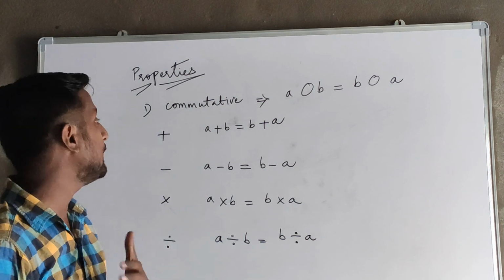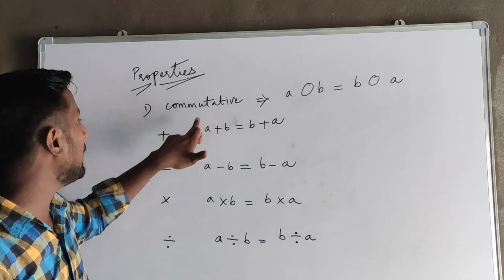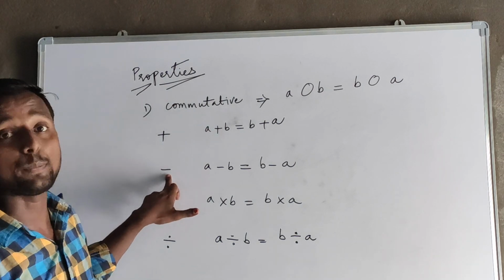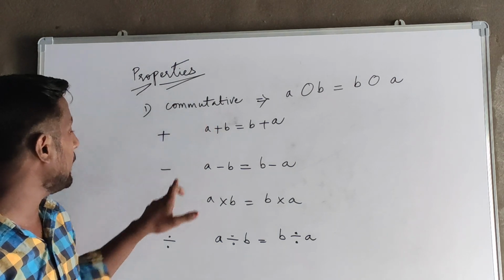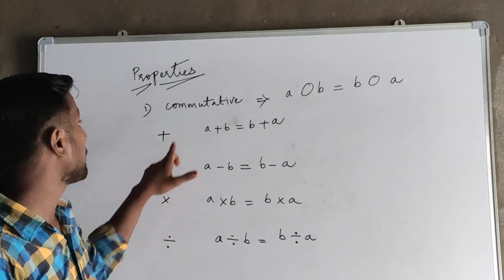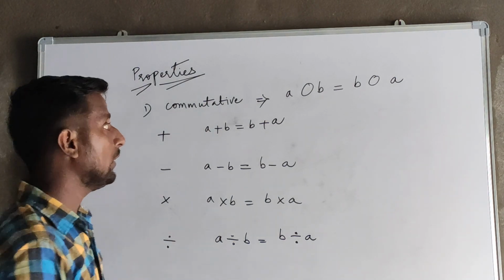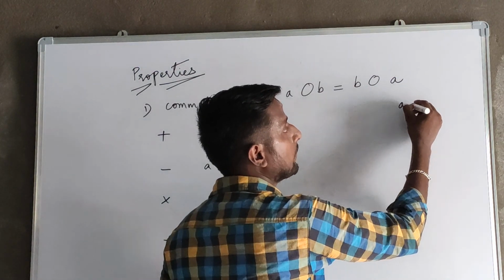So individually, commutative property under addition, under subtraction, under multiplication, under division. Got it?